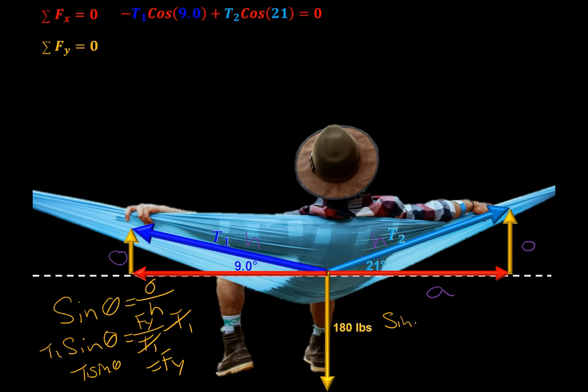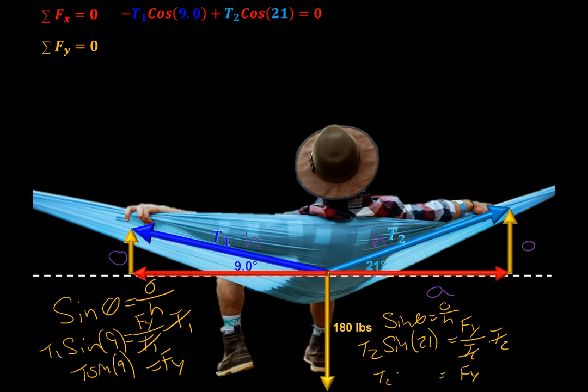And we do this side. Again, sine theta is your opposite over hypotenuse. We know the theta on this one. Theta is 9. Our theta on this side is 21. Our opposite is our force of y. Our hypotenuse in this case is force T. Cancel, so our force of y equals our tension force sine 21.